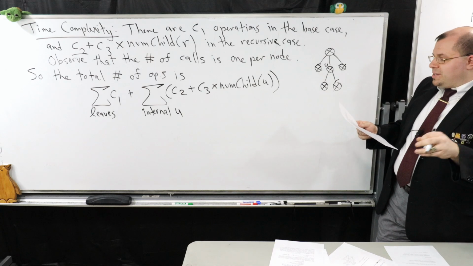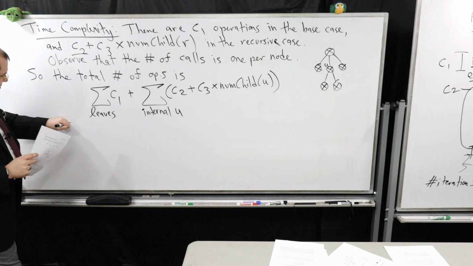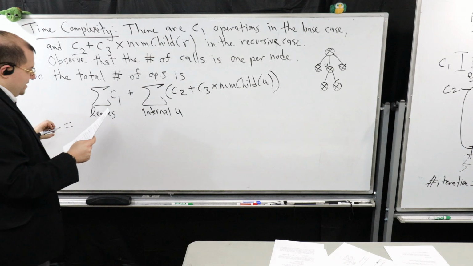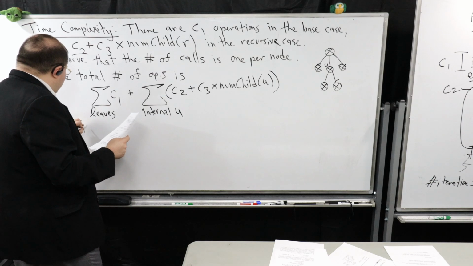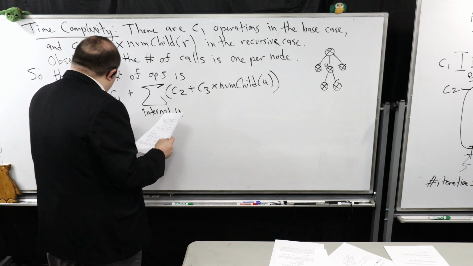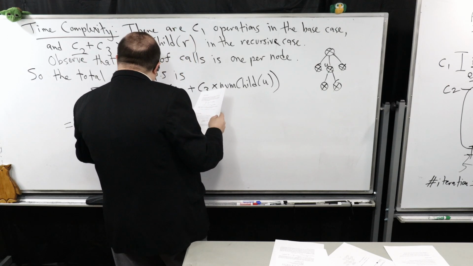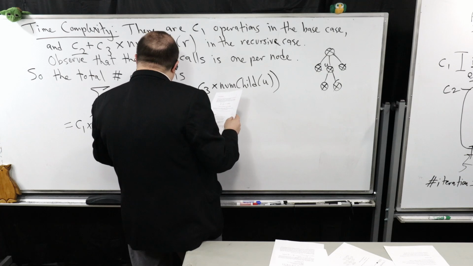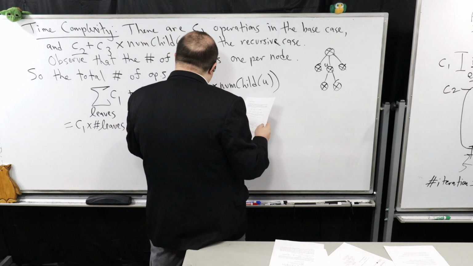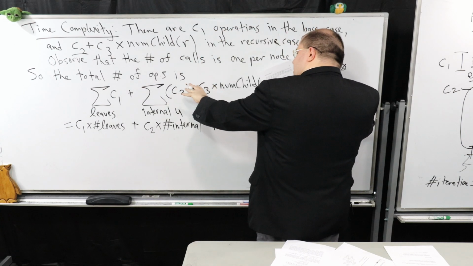So let's put it all together now. I'm just going to use some symbols to make this a little easier for me to express. Then we're going to pull out some fun properties. So I'm going to have C1 times the number of leaves. I'm just going to write it as number of leaves like this. That represents the number of leaf nodes. Plus C2 times the number of internal nodes. Plus, and I'm just going to distribute this sum here.